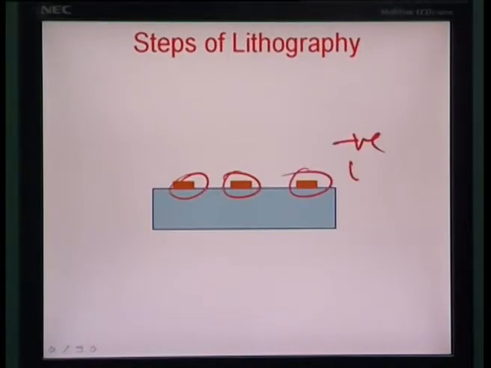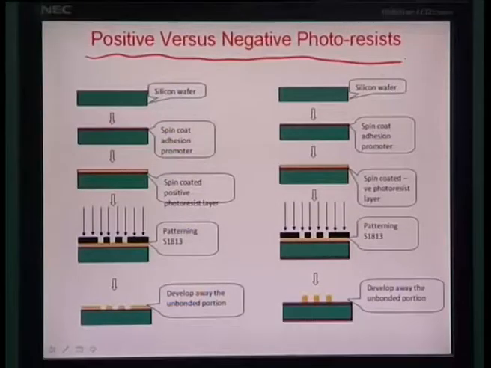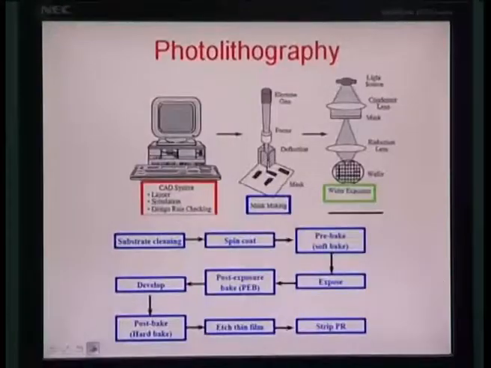So, this is only in case of negative tone resist. The positive resist would behave just in the opposite way. In positive resist there is always a taking off of the areas which are exposed because of debonding action, and in negative resist they stay back, as you can see here, because of cross bonding action. That is the only difference between the two kinds of resists.